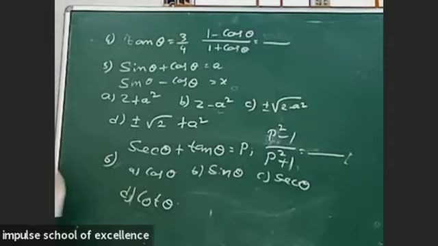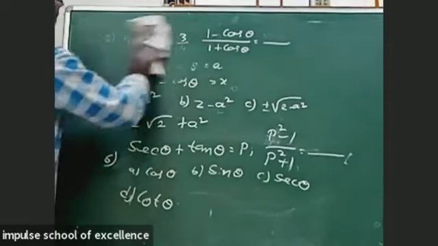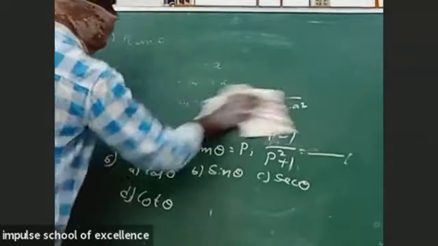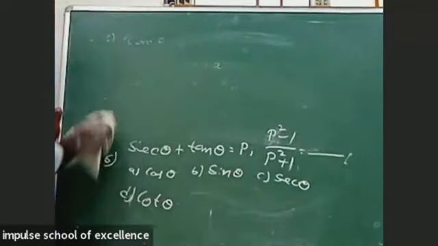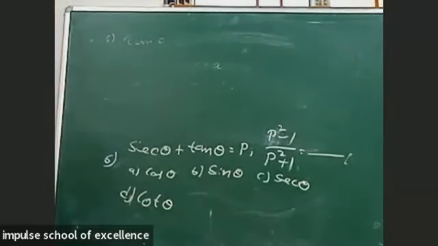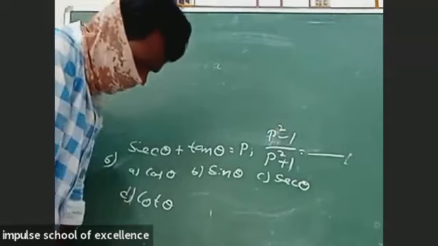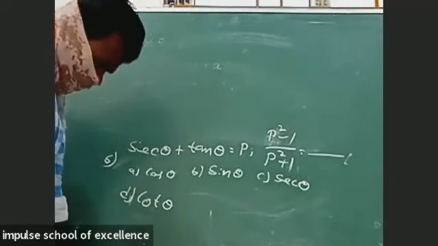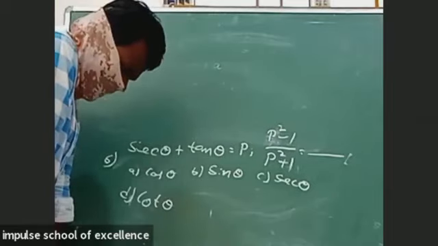Right, one more. Sir, option A. Sin theta is equal to 1. Sir, option A cos theta. No, ma. Once cross check, ma. So, right.